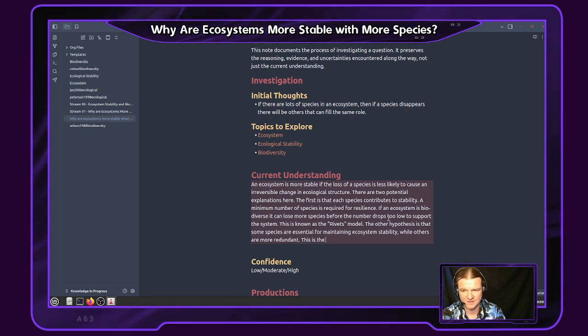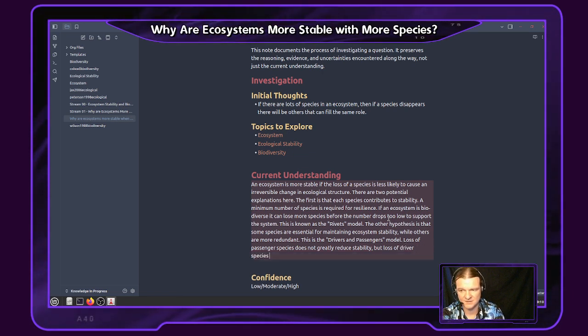This is the drivers and passengers model. Loss of passenger species does not greatly reduce stability, but loss of driver species does.